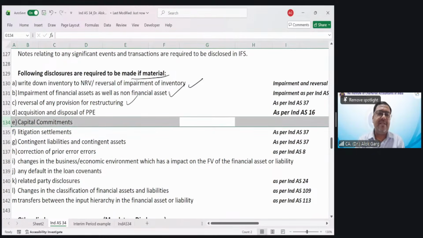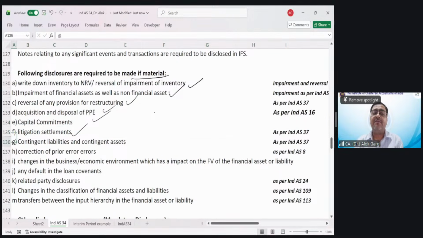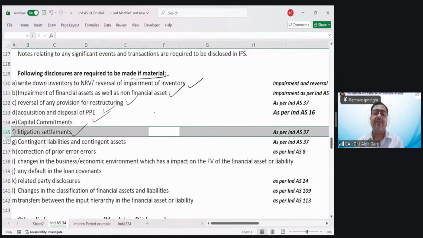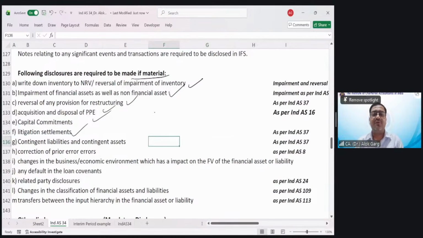So we discussed this. Litigation settlement, my dear friends. If a litigation was going on and the company has settled the material litigation, it is required to be disclosed in the interim notes to accounts. Contingent liability and contingent asset. Friends, a company is a big, billion-dollar company.